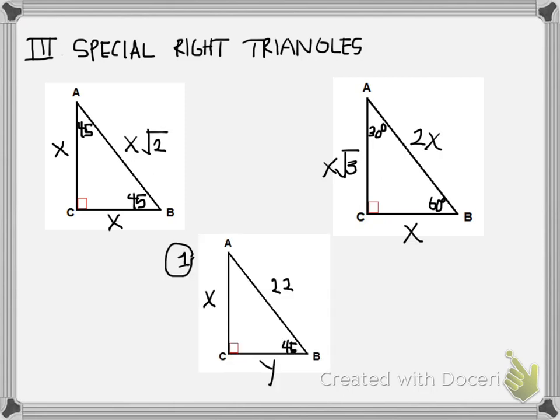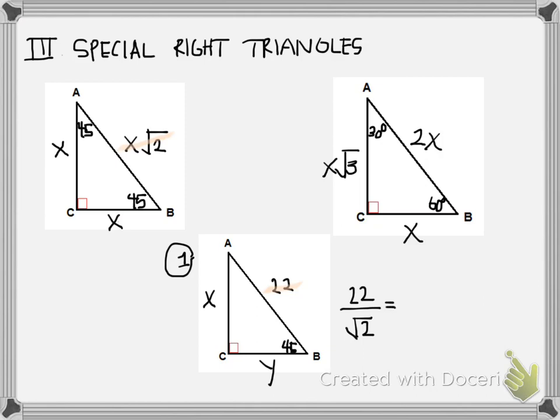Alright, so I'll say this example here. Here we're looking at a 45 degree angle triangle, and I want to find my x and my y. I know that my hypotenuse is 22. So I'm going to say 22 divided by the square root of 2.